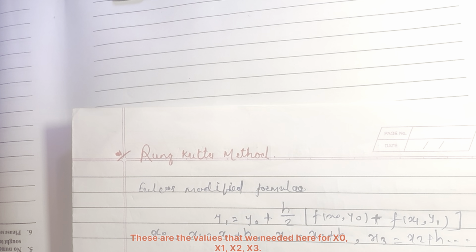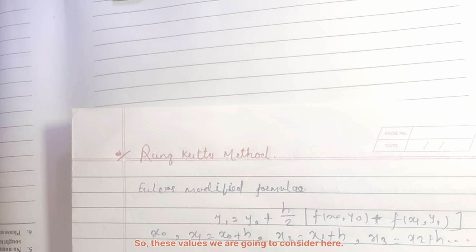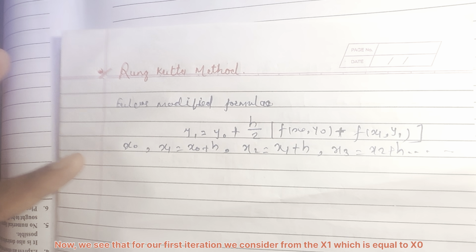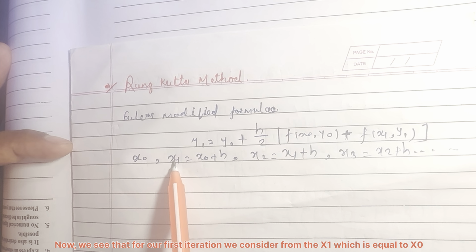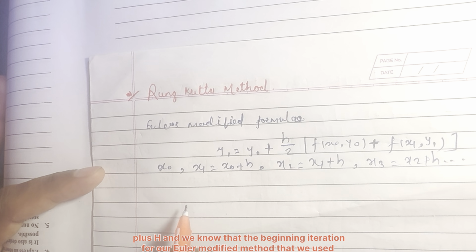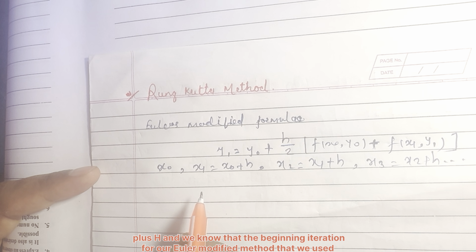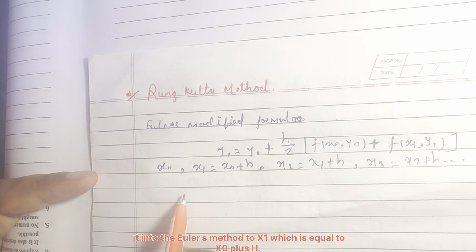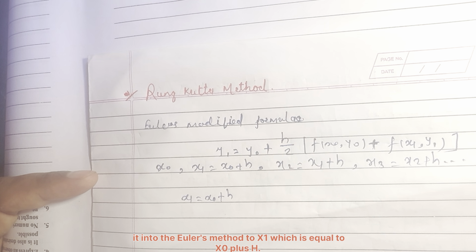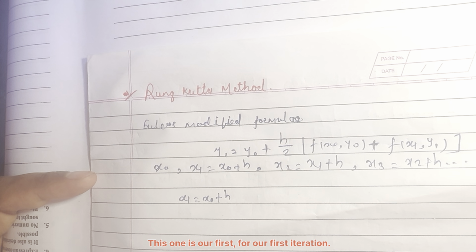For our first iteration we consider x1 equal to x0 plus h, which we used in Euler's method too.